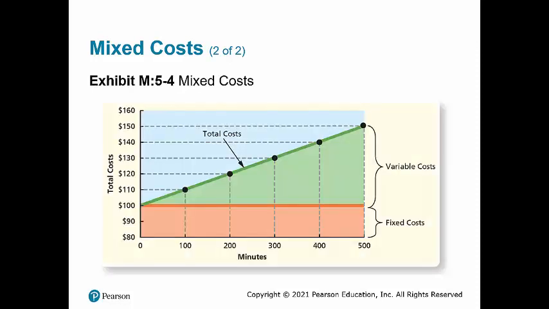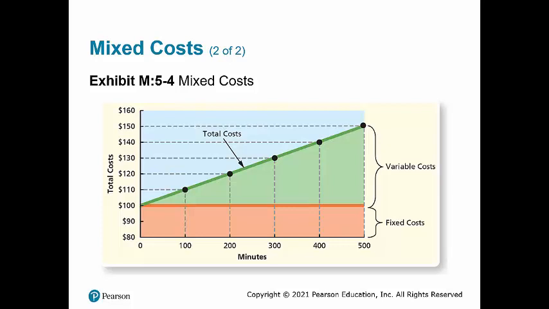This exhibit is a graph that shows how Smart Touch Learning can separate its cell phone bill into fixed and variable components. The $100 monthly charge is a fixed cost because it's the same no matter how many minutes the company uses the cell phone. The 10-cent per minute charge is a variable cost that increases in direct proportion to the number of minutes of use.